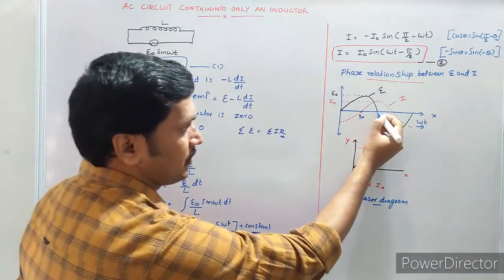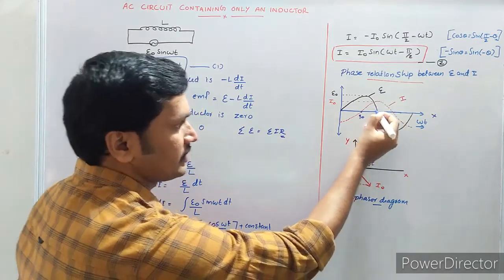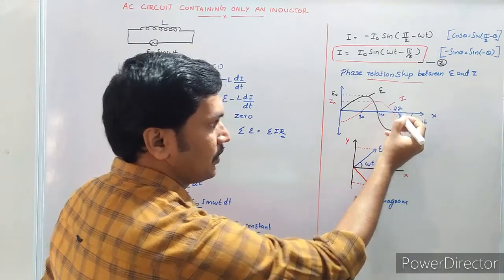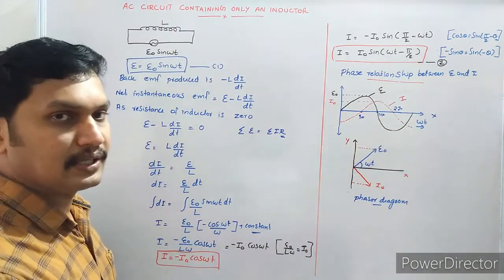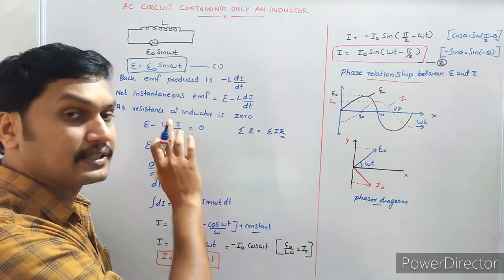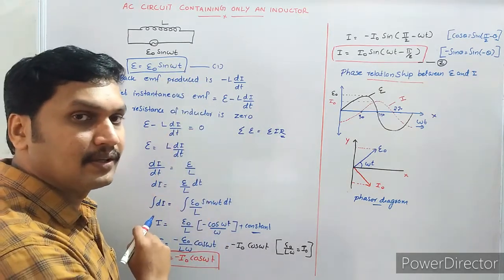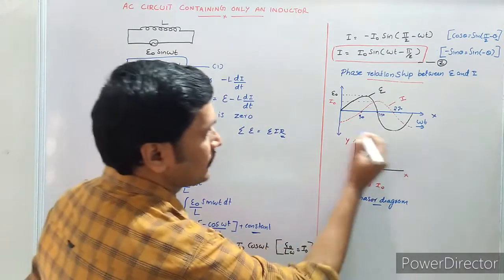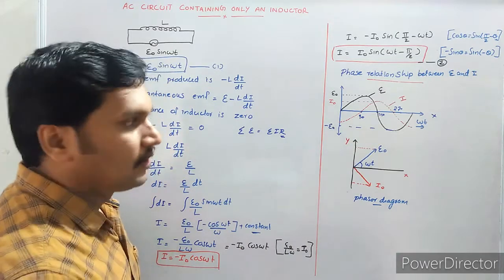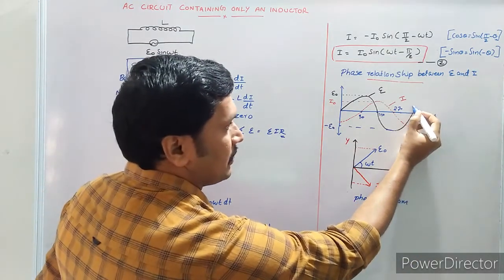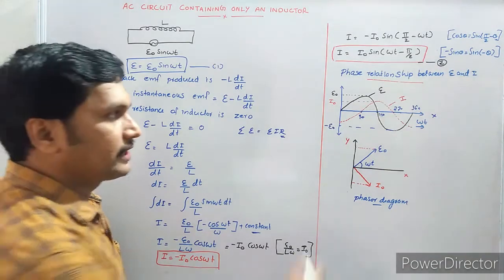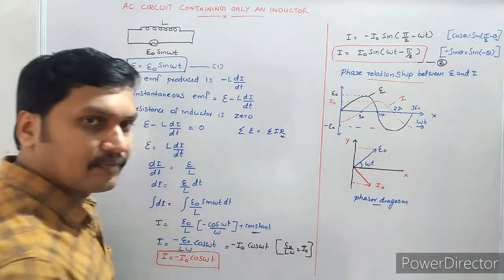When omega t is 180, voltage comes to 0. When omega t is 270, voltage comes to maximum in the opposite direction, because sine 270 is minus 1, so we get minus E0. Then when omega t is equal to 360, the voltage comes to 0.